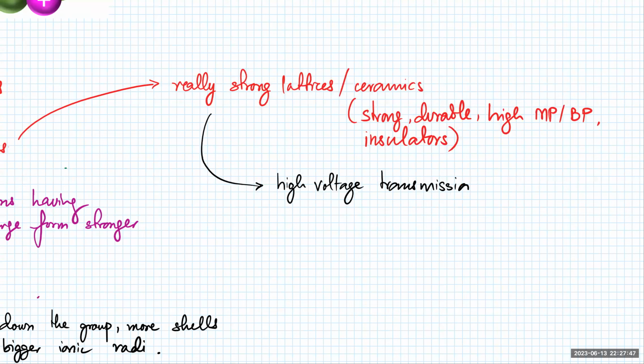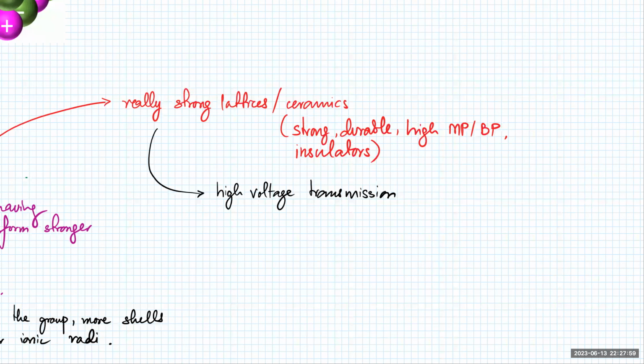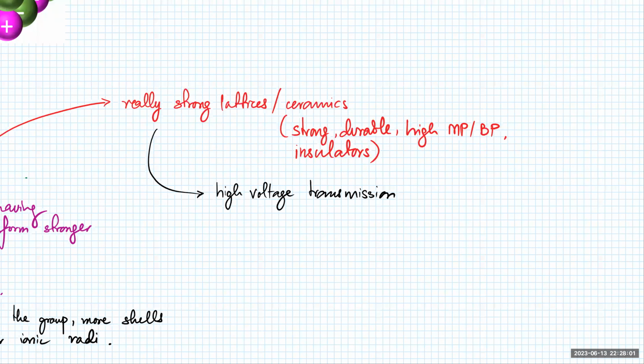You must have seen that high voltage transmission wires are never coated with plastics or anything, because structurally it's impossible that anything could survive high voltage transmission. So the things that are holding the wires, the connectors, etc., have to be very, very strong.